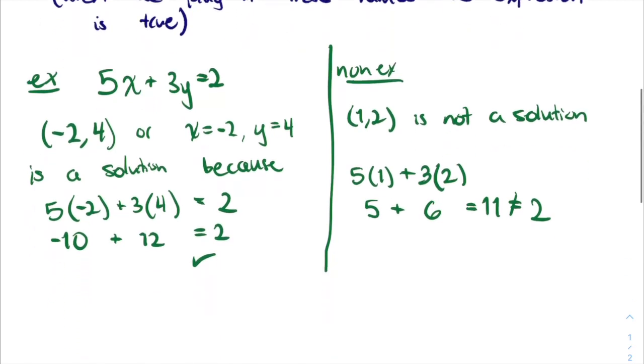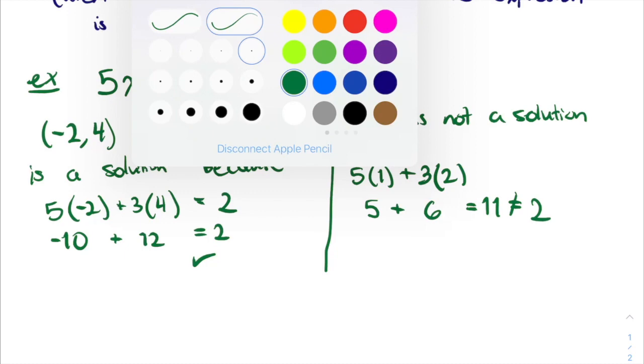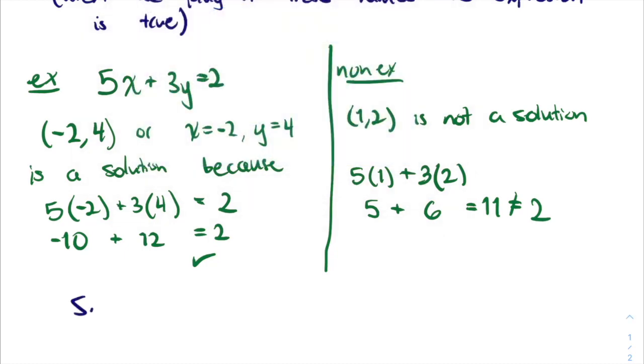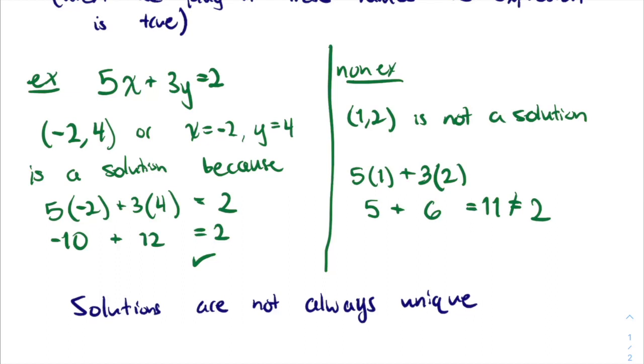It can be important to note that solutions are not always unique. And in fact, if we're looking at the solution of a single linear equation of two unknowns, we will frequently get an infinite number of solutions, and that's all of the points that lie on that graphed line.